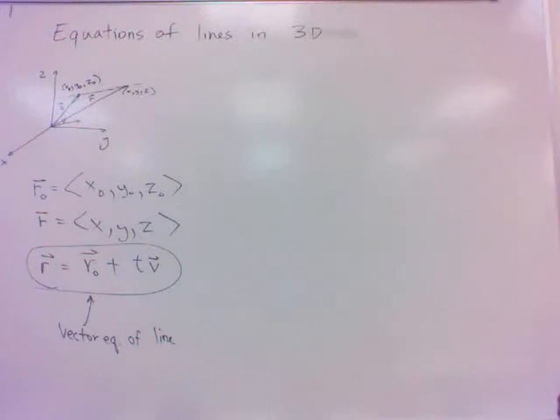It really is the same thing, it turns out, because R0 is the vector from your original point, and then t times v is a scalar multiple of v.